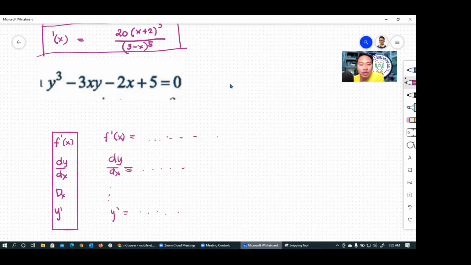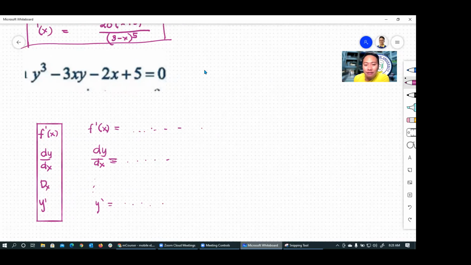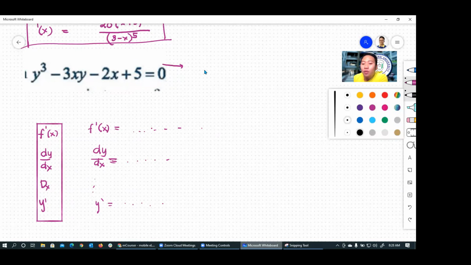So if we take the derivative of this function, what is the derivative of y cubed? You might be thinking, sir, same with x cubed. The derivative of x cubed is 3x squared.